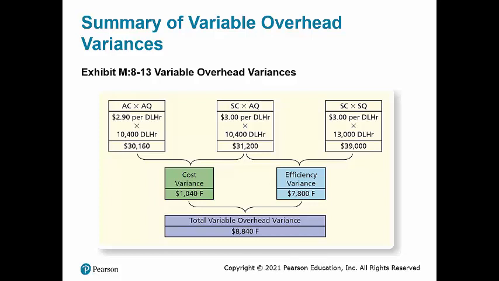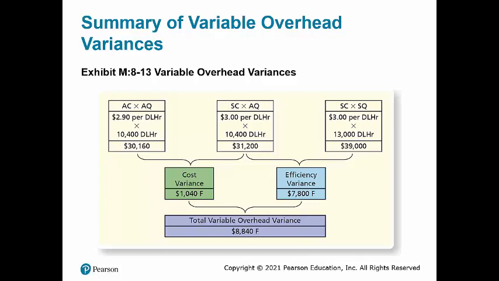To manage Cheerful Colors' variable overhead costs, we need to get a little more insight. Cheerful Colors incurred $1,040 less than anticipated in actual variable overhead costs for a favorable cost variance. Workers made 52,000 batches of crayons in 10,400 hours instead of the budgeted 13,000 hours for a favorable efficiency variance.